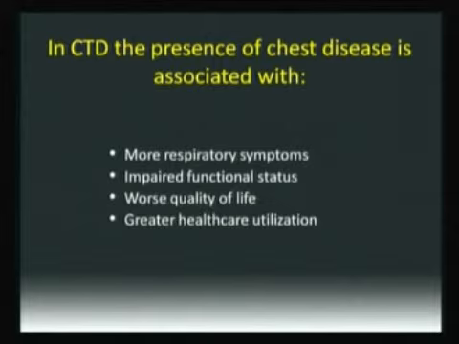And lastly, there is greater healthcare utilization. They get high-resolution CT scans, 6-minute walking tests, lung function tests, and all of that. Finally, as we have seen in the previous slide, they live shorter.